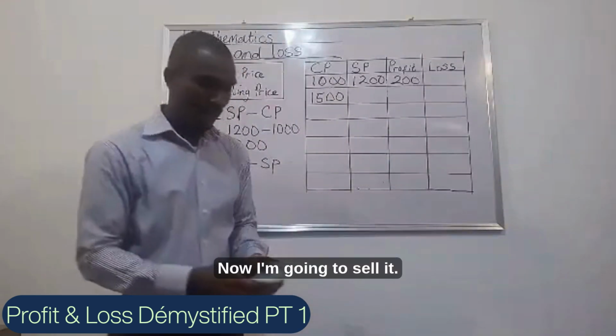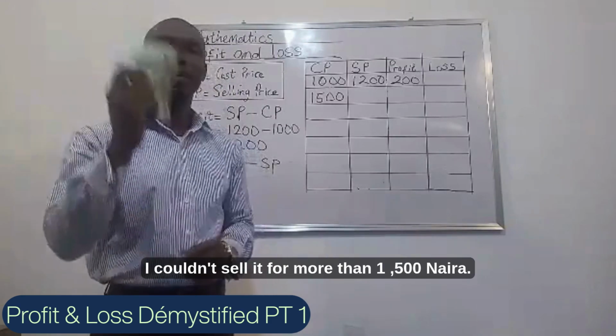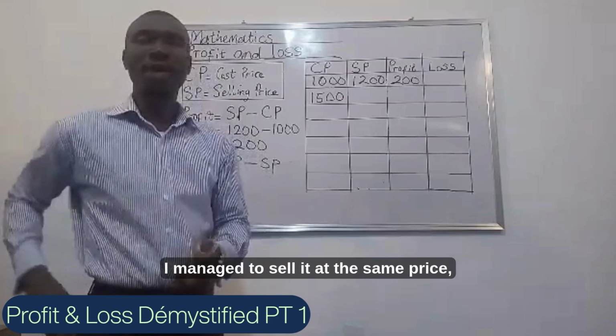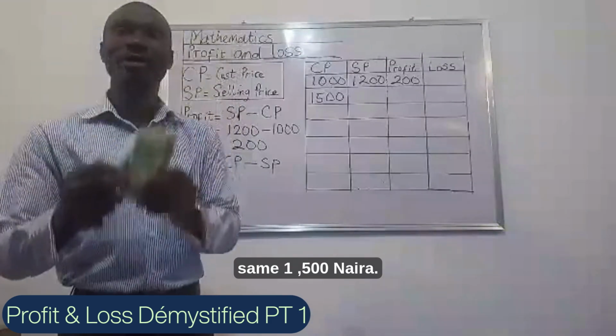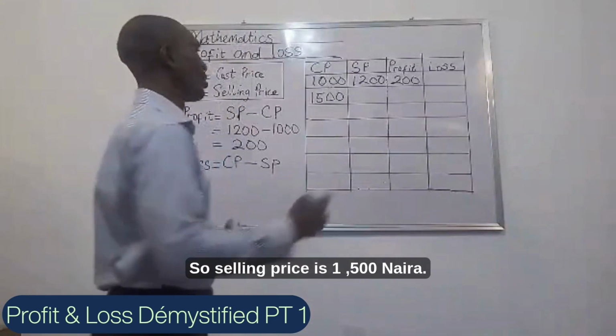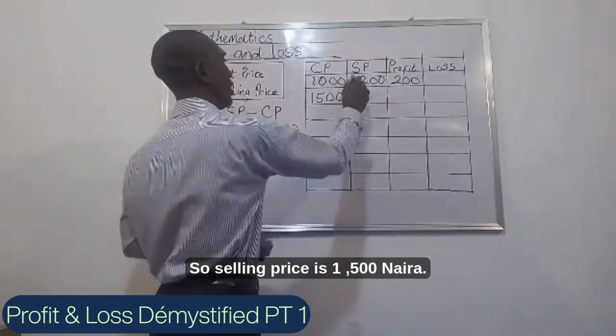Now I went to sell it. I couldn't sell it for more than 1,500 naira. I managed to sell it at the same price, same 1,500 naira. So selling price is 1,500 naira.